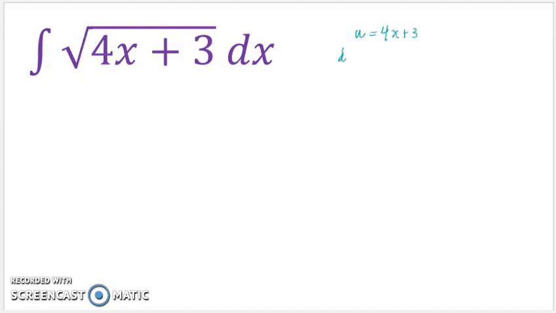Let's take the derivative with respect to x, so that will be 4 dx. And dividing both sides by 4, we get dx is du over 4.